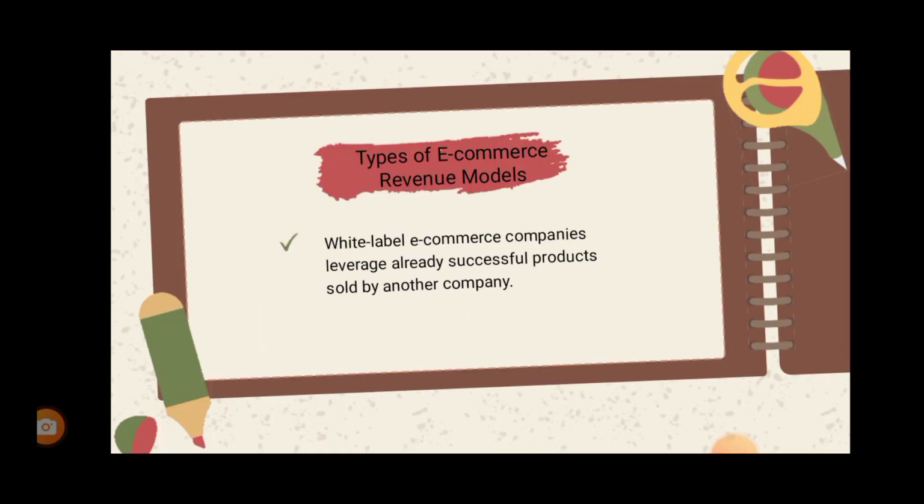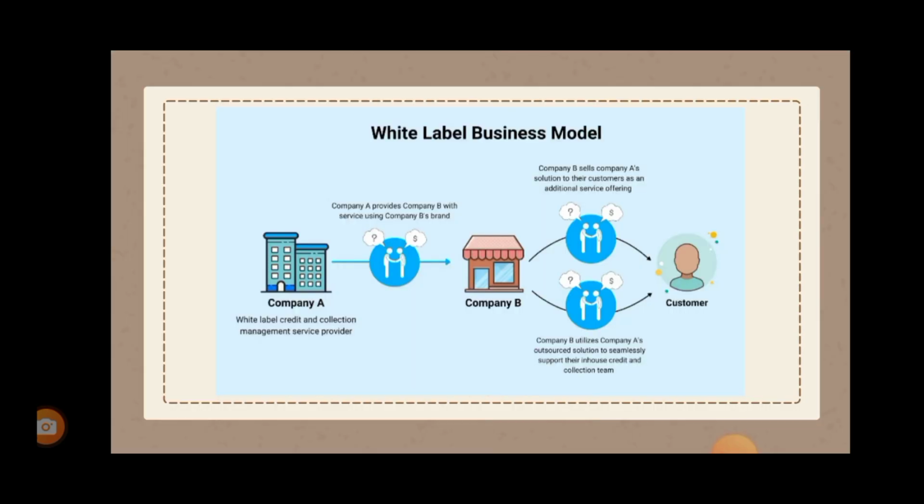Number 2 type of e-commerce revenue model. Number 2 is white label e-commerce. So white label e-commerce companies leverage already successful products sold by another company. So here is a business model of a white label.